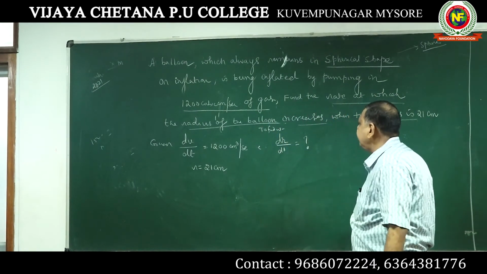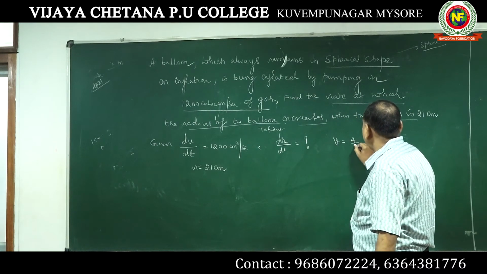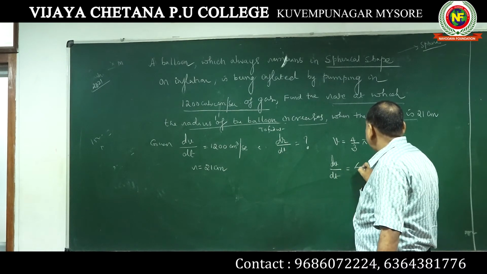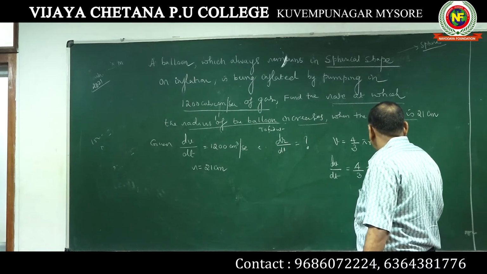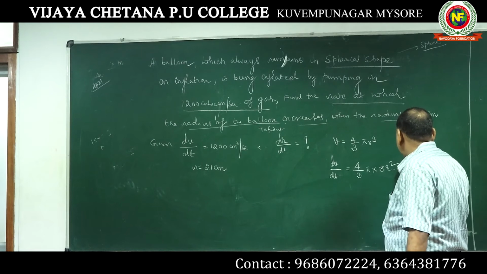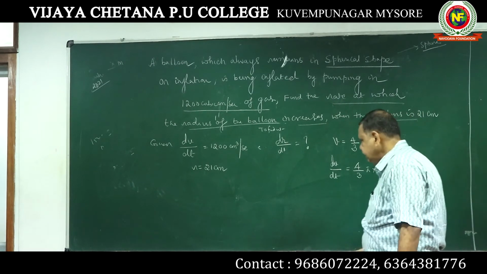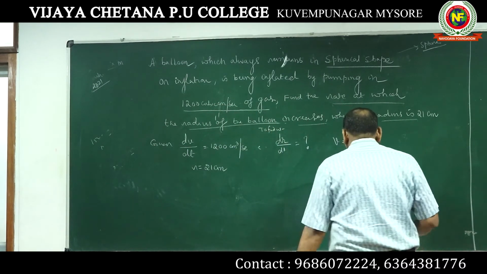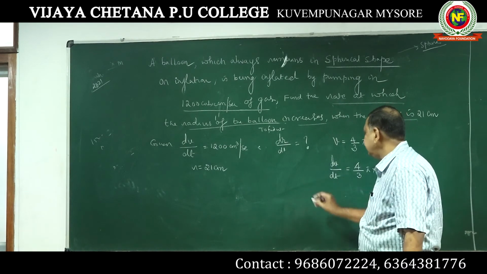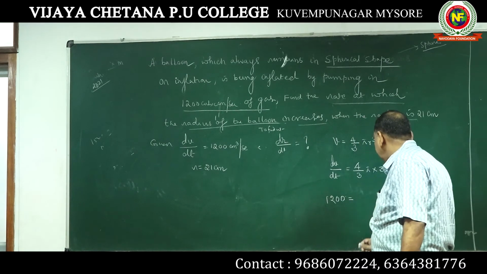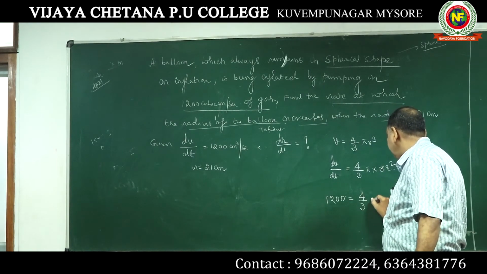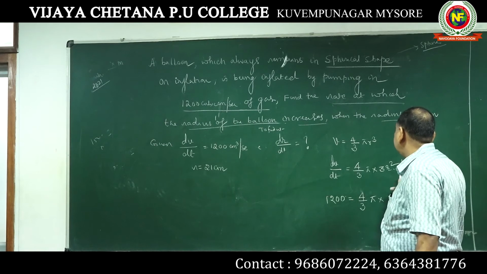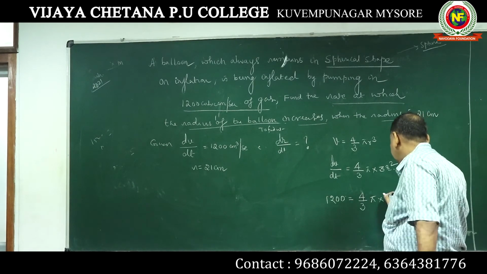So what you can do is V is equal to 4 by 3 pi r cube and dV by dt is 4 by 3 pi into 3 r square into dr by dt, where these are all constants. Substitute everything. See here dV by dt is given as 1200. You have to find out dr by dt. 4 by 3 pi into 3 r square, and you can cancel.